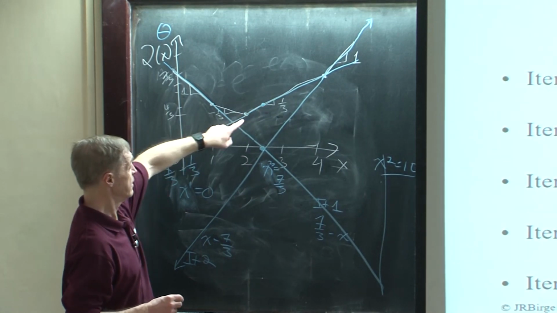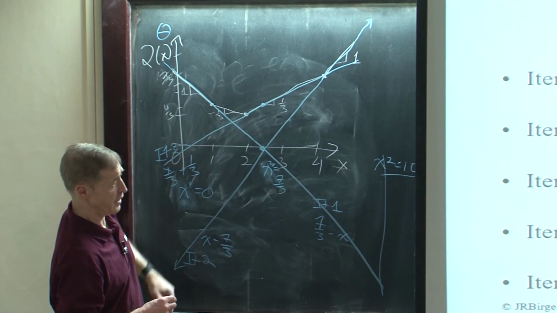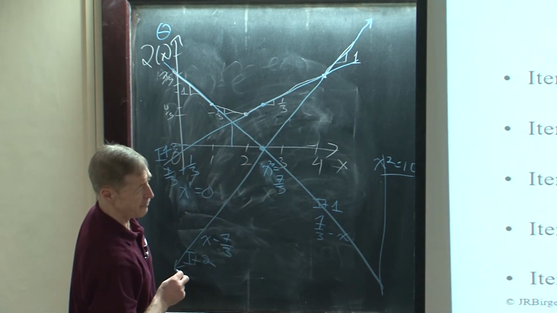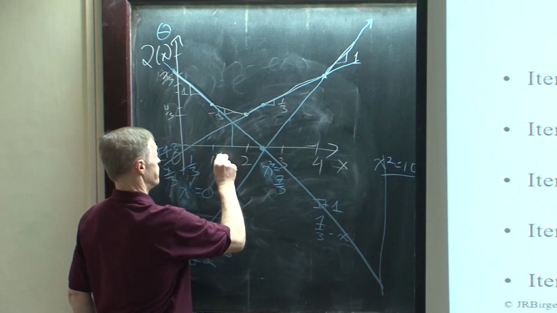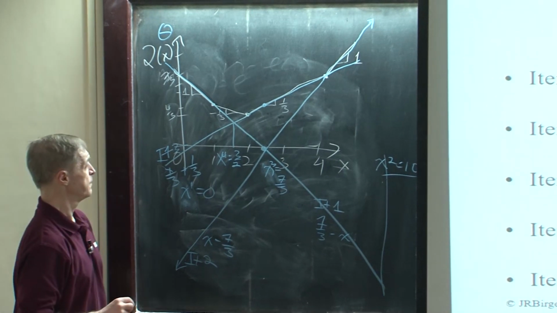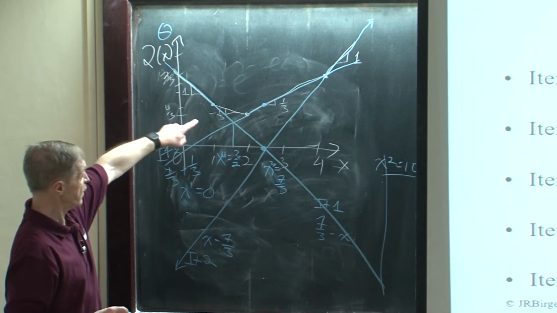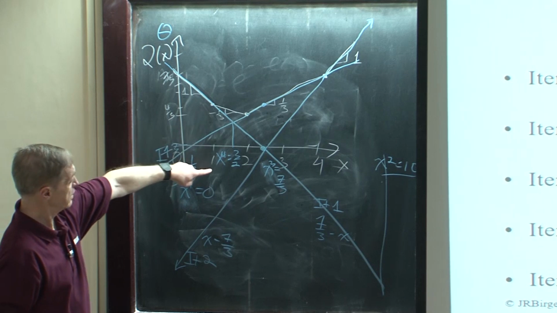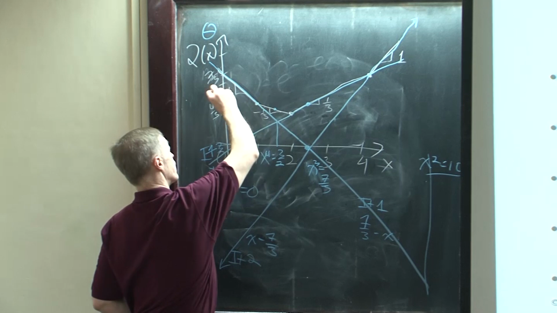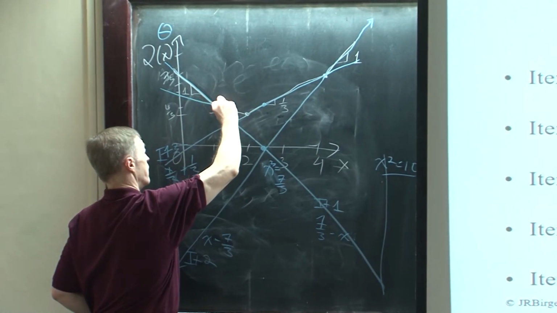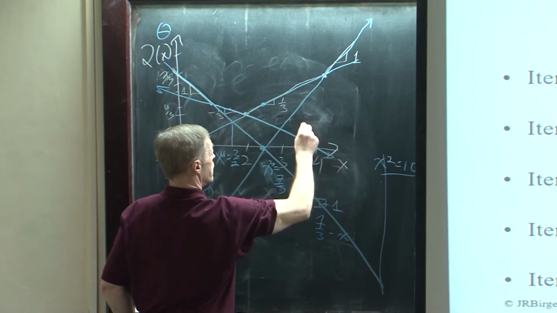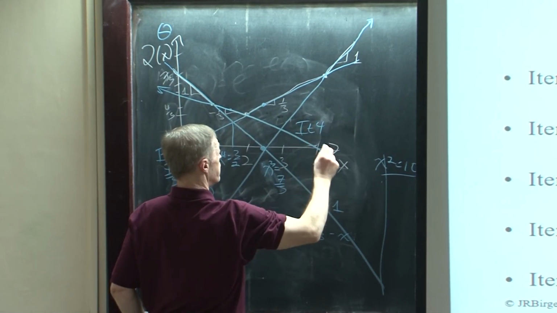Okay, so that happens on iteration 3. I've got that x over a third plus 1/3. And now the next point I get, this point here, is at 1.5, or 3/2. So now I've got the point where these two meet. And then I'll add in this constraint. And that's on iteration 4.